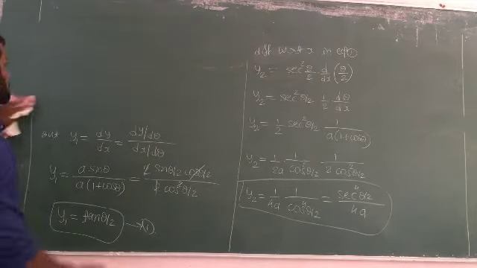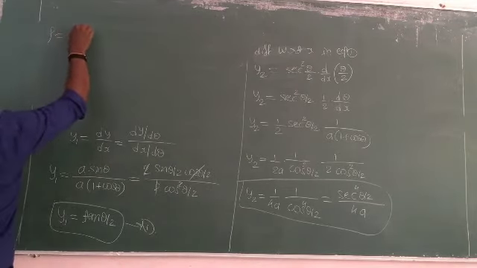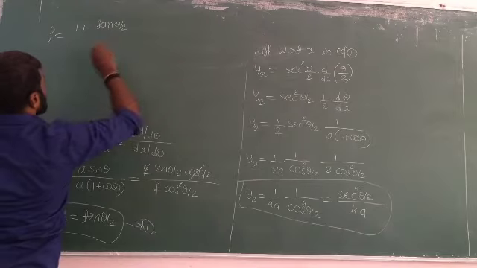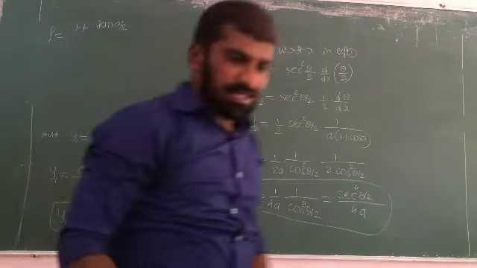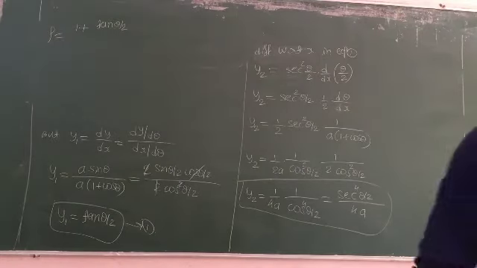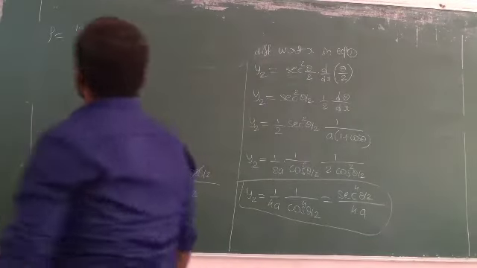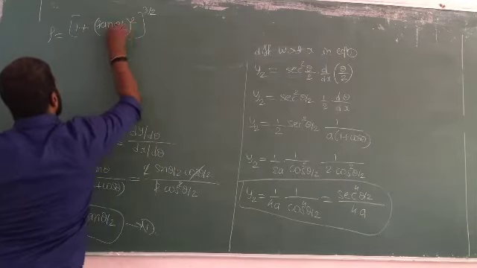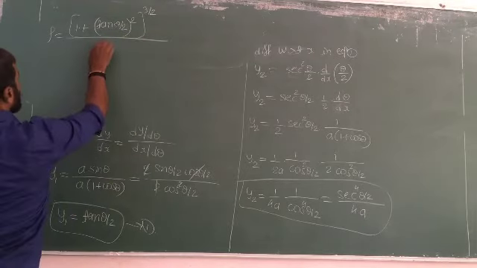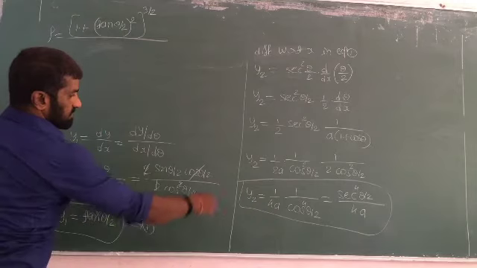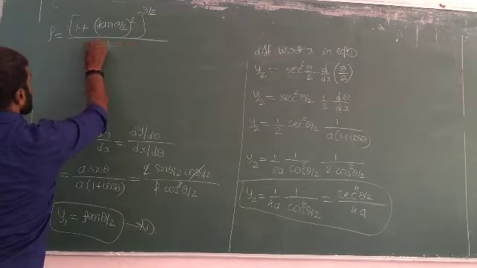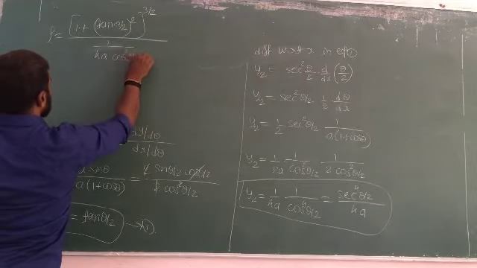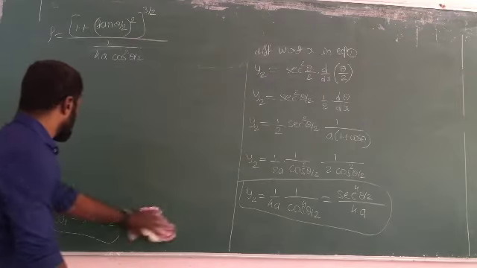Rho is equal to (1 plus y1 square) raised to 3 by 2, where y1 is tan of theta by 2, whole divided by y2, which is secant to the fourth of theta by 2 divided by 4a, that is 1 divided by 4a cos square theta by 2. Simplify this.